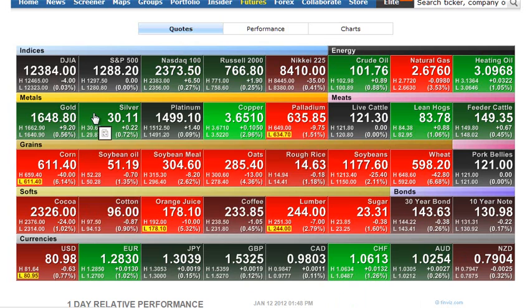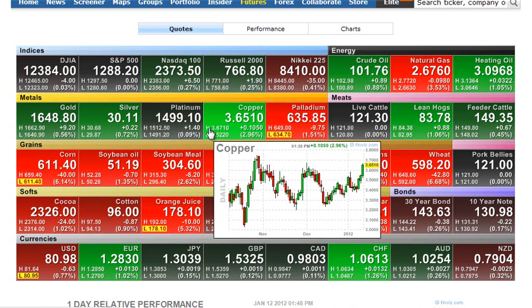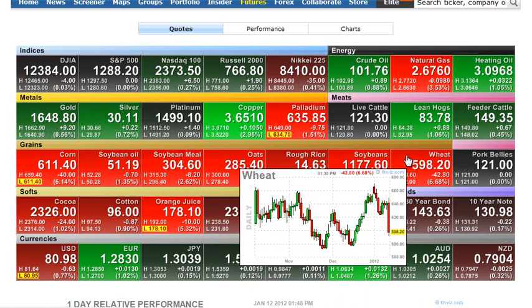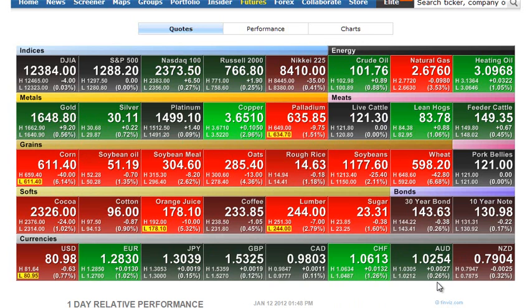We've got gold, silver, and copper slightly higher. So again, a lot of confusion. When we don't see commodities higher on a weaker dollar, when we don't see the Dow higher on a weaker dollar, we have to ask ourselves, why not? Whatever's pushing the dollar down, how come it's not presenting a risk appetite type environment?